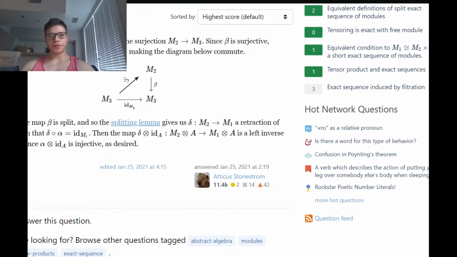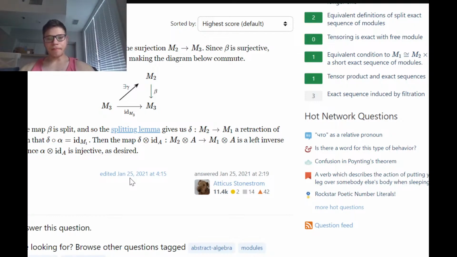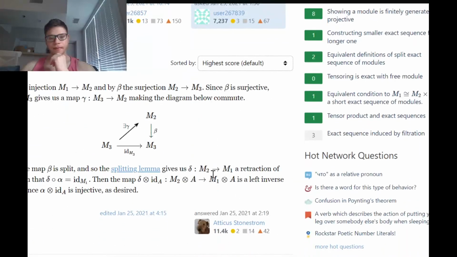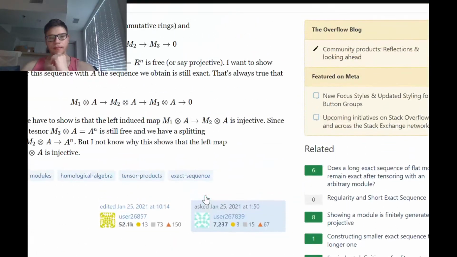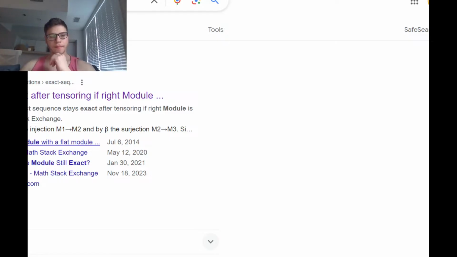It's saying that the map beta is split, but this gives a map from M3 to M2, not M2 to M1. This is a retraction of beta. I'm not sure what. Okay.